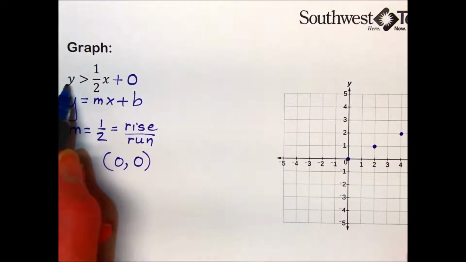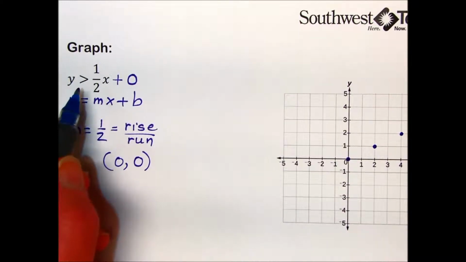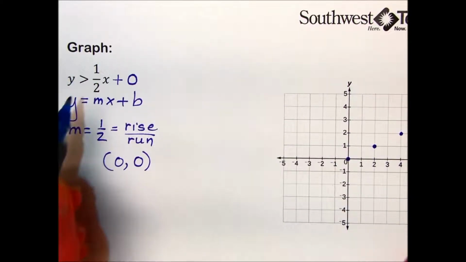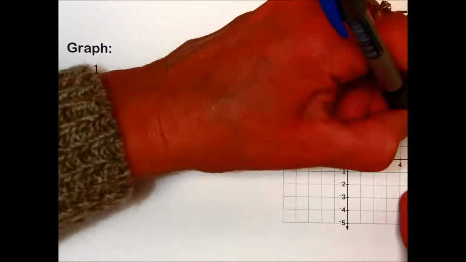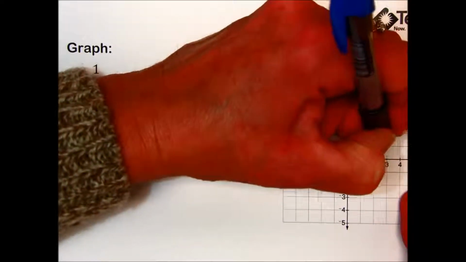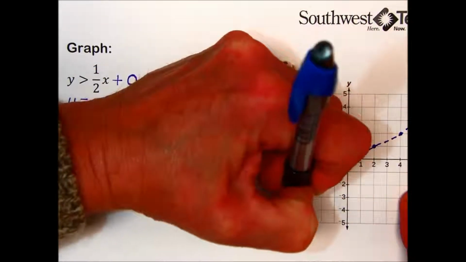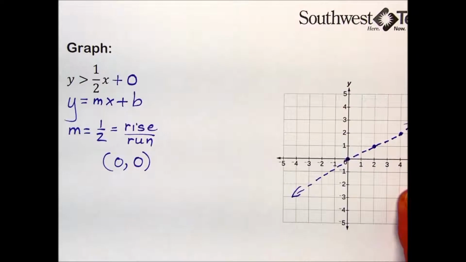And in this linear inequality, because we're looking for all the points that have y values greater than this line but not including this line, to show that the line is not part of the solution we draw the line with a dash. So someone looking at this sees the dashed line.